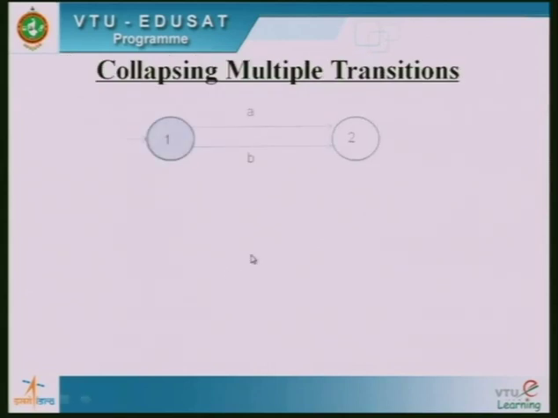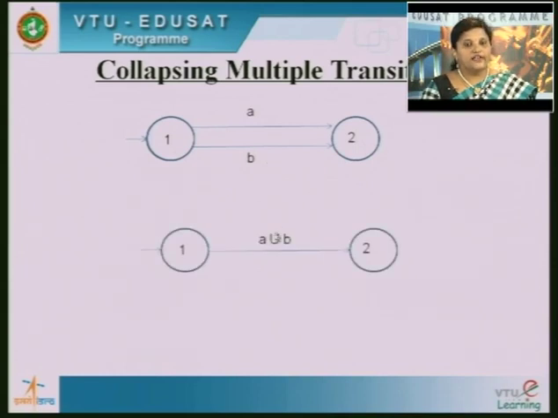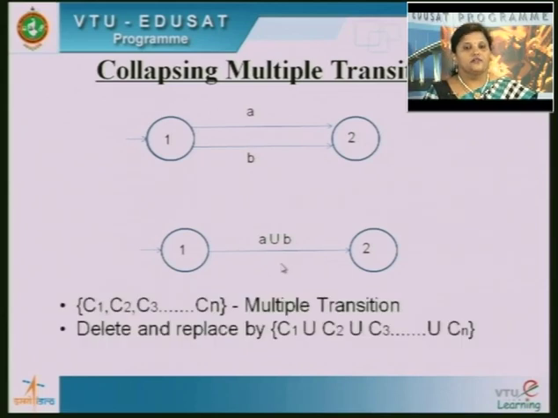Suppose in your FSM there are 2 transitions like this, A and B. If you observe, from state 1 to state 1, both are going in the same direction, then you can collapse them and write A union B. Okay. So, this is when they are in the same direction. Okay. So, when they are in the opposite direction, you cannot write like this. Union you cannot use, but you can use the concatenation. Okay.